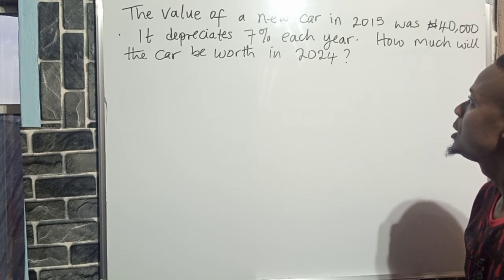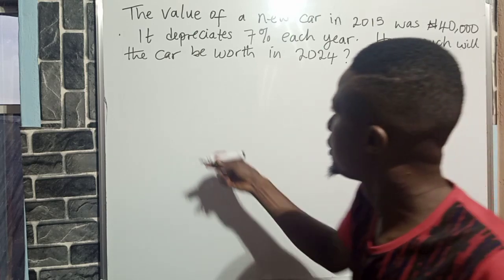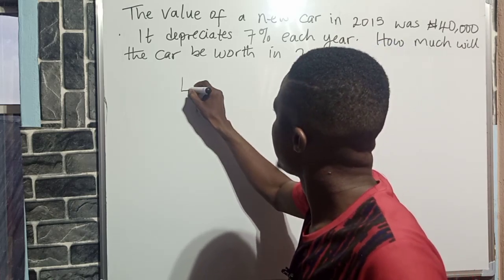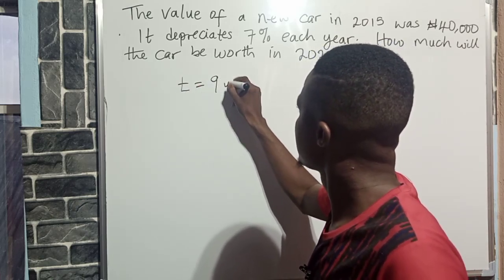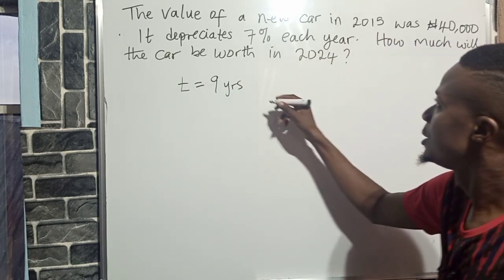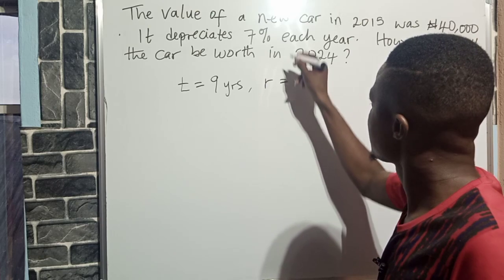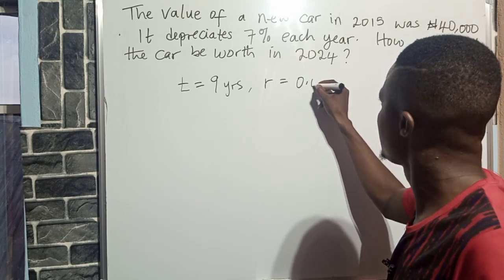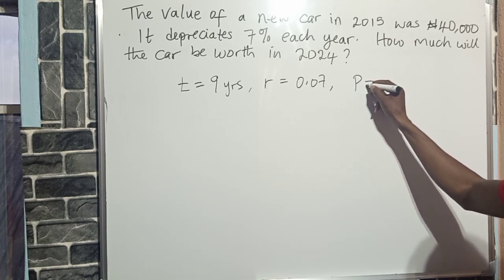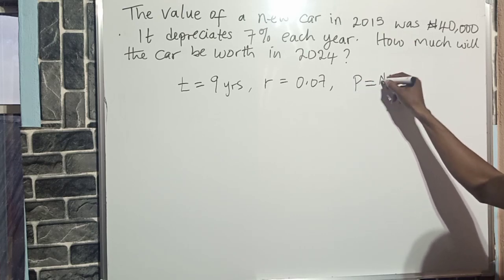From 2015 to 2024 is 9 years. So time T is equal to 9 years. Then the rate R is 7%, and 7% is 0.07. The initial value of the car, which is our P, is 40,000 naira.